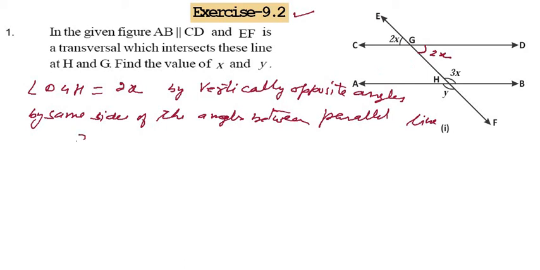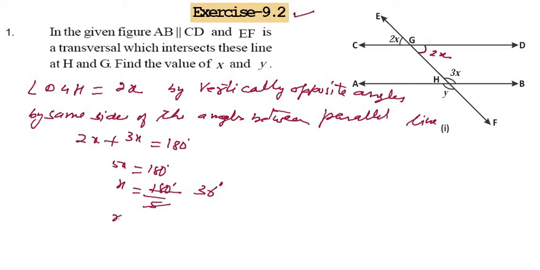So you can write here 2x plus 3x will be equal to 180 degrees. So what will happen? Here is 5x, that is 180 degrees, and x is equal to 180 divided by 5. So x will be equal to 36 degrees.